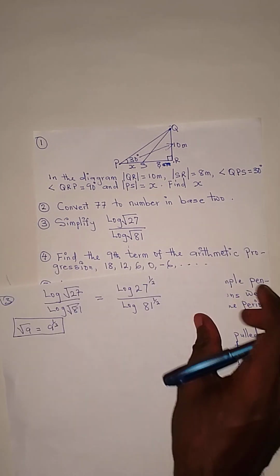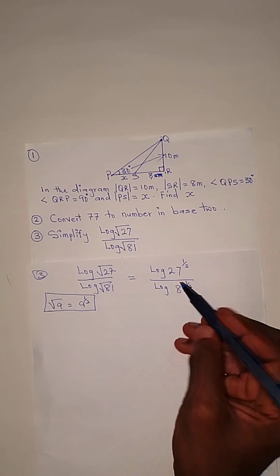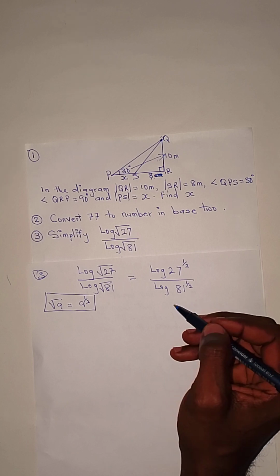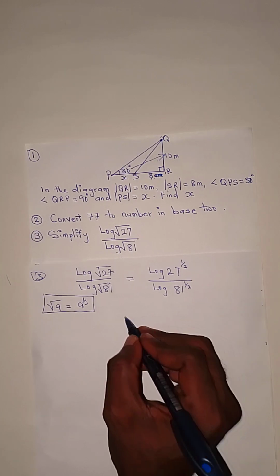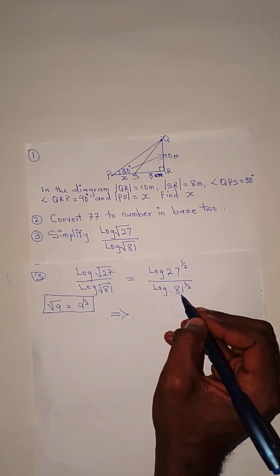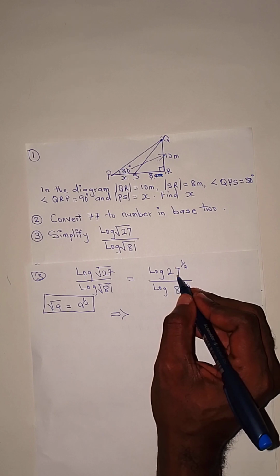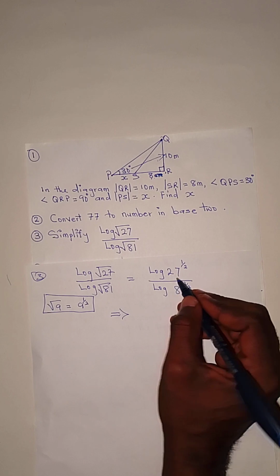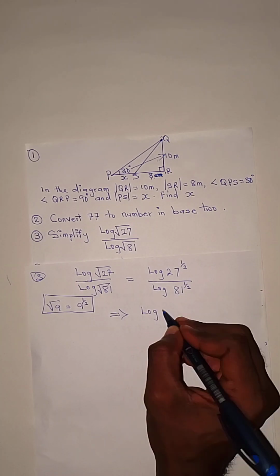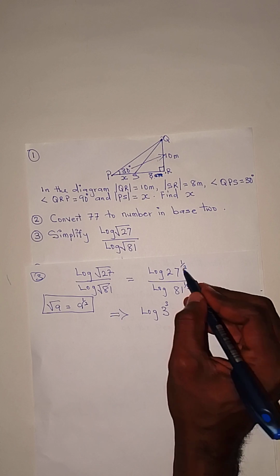So now, the next thing you are to do is to bring this log 27 and log 81 to equal base. Now, 3 raised to power 3 will give us 27. So I'm going to write this log as log 3 raised to power 3. Already we have power of 1 all over 2.